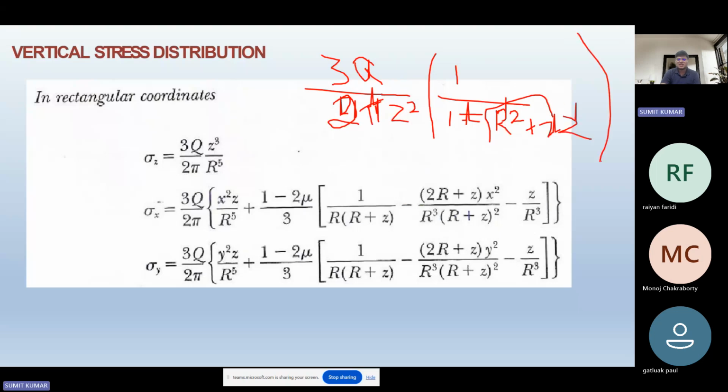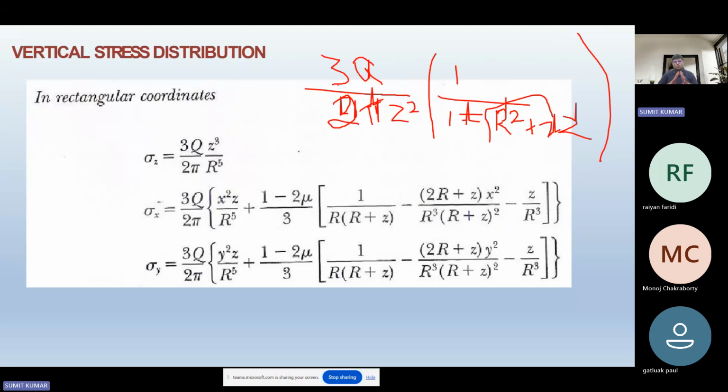Okay, so I will dictate only because I could not write very clearly. This value is going to come to be 3q by 2 pi z square multiplied by 1 plus root under r square plus z square. Right, so this value is very important when we calculate the Boussinesq equation.